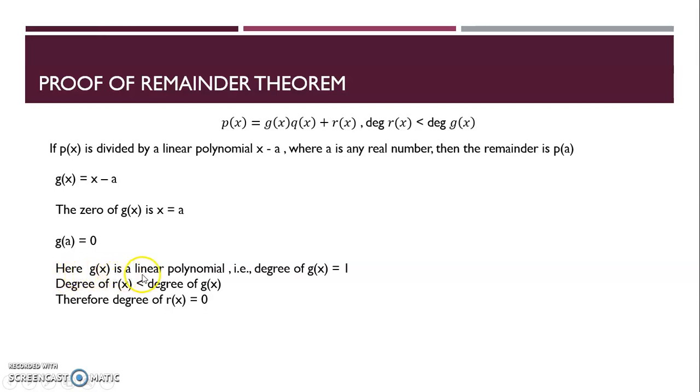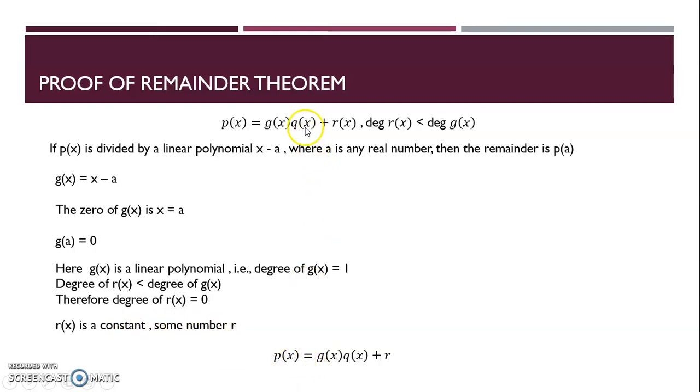So g of x is a linear polynomial, that is, the degree of g of x is 1. Degree of r of x must be less than degree of g of x. So this is 1. So if it has to be less than 1, degree of r of x must be 0, which means the r of x is a constant, some number r.